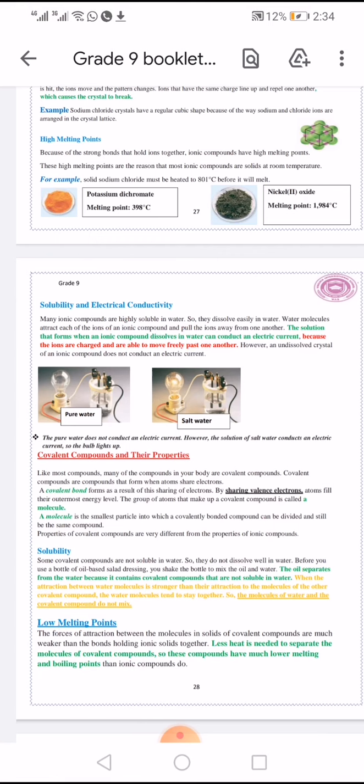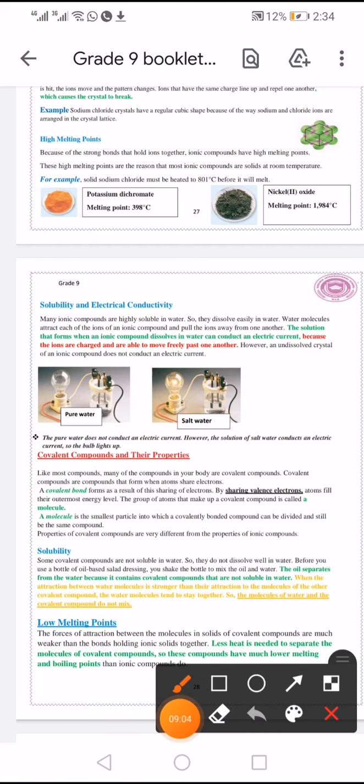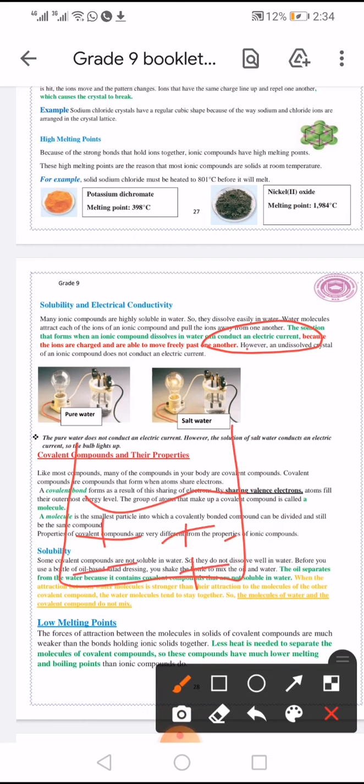The solution that forms when an ionic compound dissolves in water can conduct an electric current, because the ions are charged and able to move freely past one another. When it forms a solution, this solution has negative and positive charges, it has ions, so the ions can move freely past one another like this.